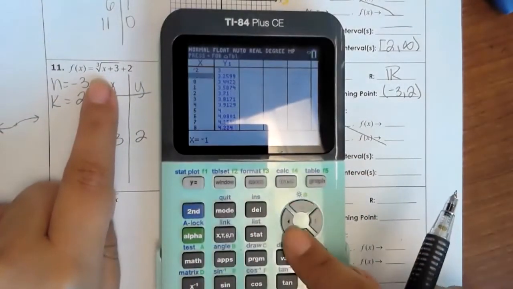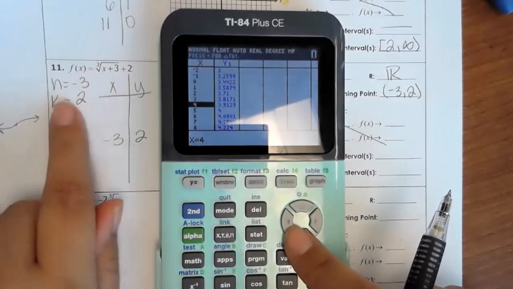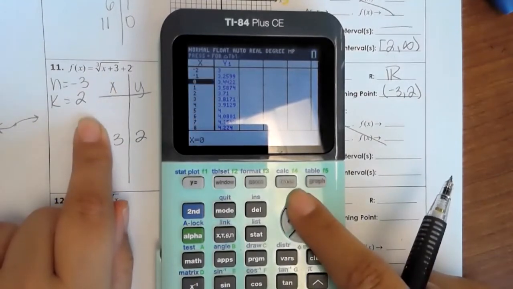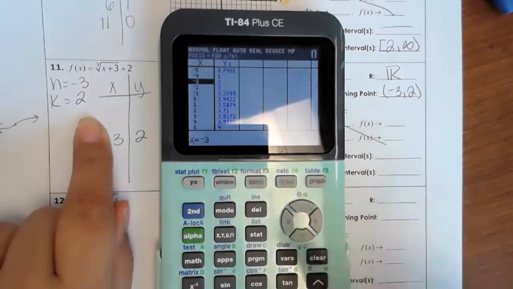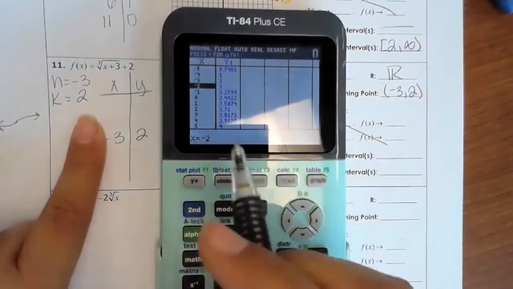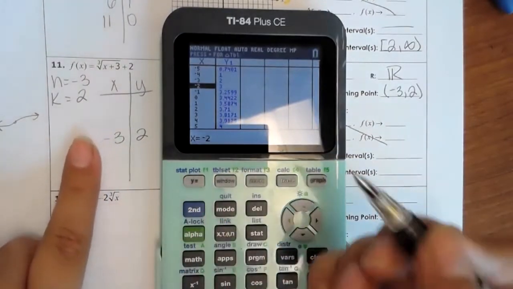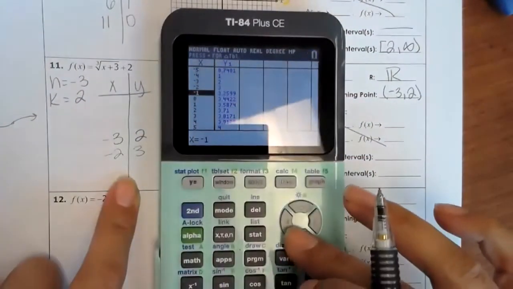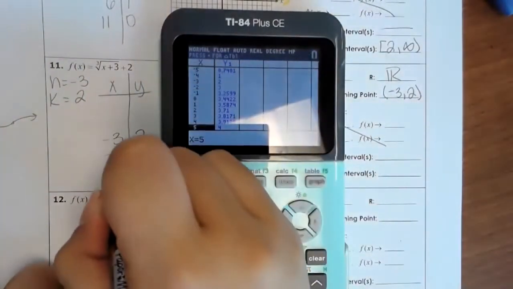I notice that this time it actually goes to both sides, but you want to go look for that turning point. Go look for negative 3, 2, wrong direction. And you're going to graph points around it. So negative 2, 3. 5, 4.